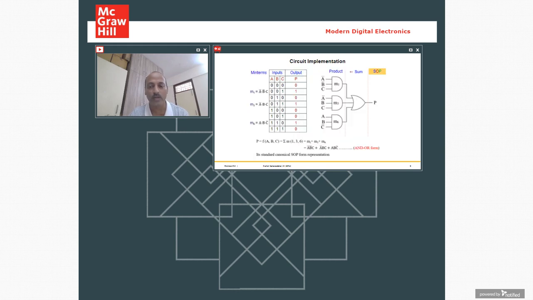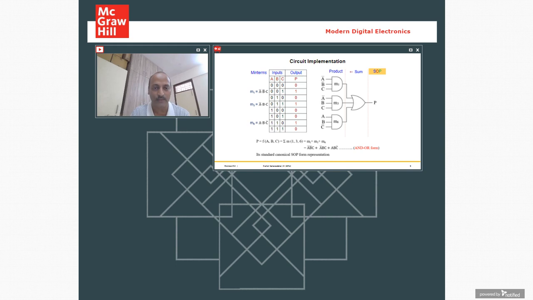Now, when we want to implement such kind of circuits, we do have different ways. The first way is to write a truth table. I am taking a simple circuit here wherein the output goes high for truth table entries 1, 3, and 6. To generate output 1, the input pattern should be generated such that the output bit is equal to 1.